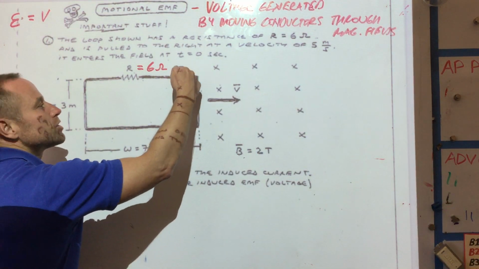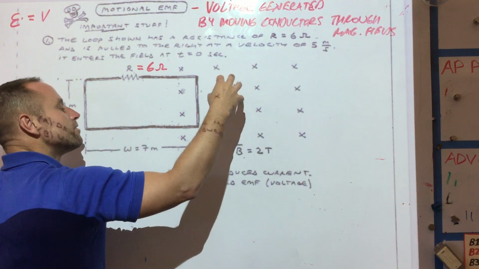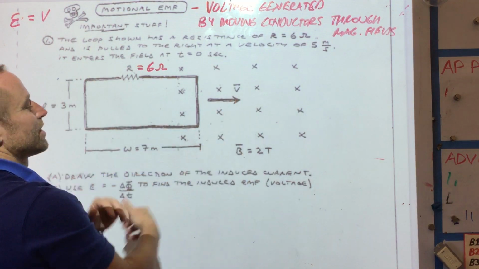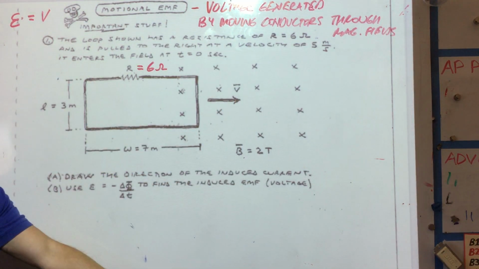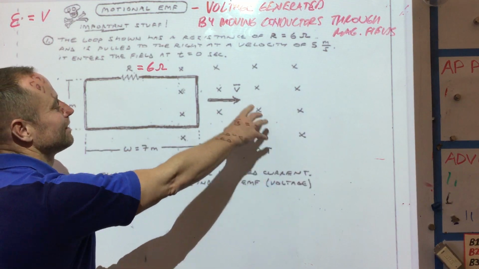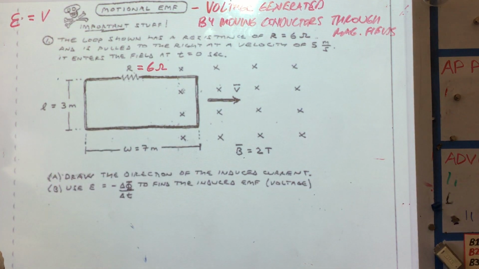So realize what's being shown here is this region of space has a magnetic field going into the board, right? I've made everything here kind of artificially large, just because I wanted to have simple numbers for some things. But a great big region of space has a pretty large field, and we're pulling an absolutely enormous wire frame through this thing, right? So first it says find the direction of the induced current.